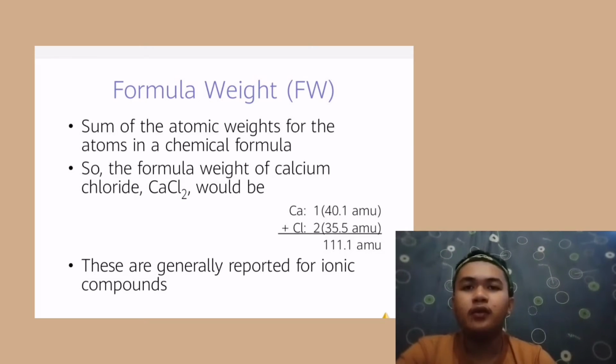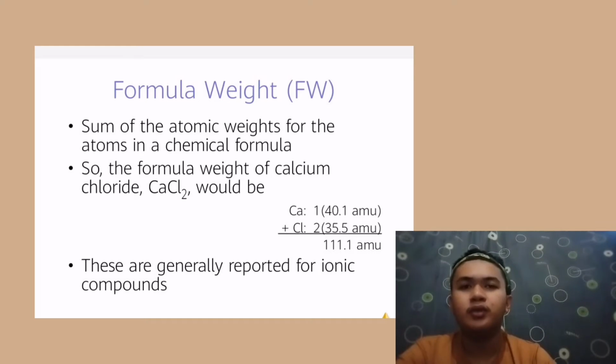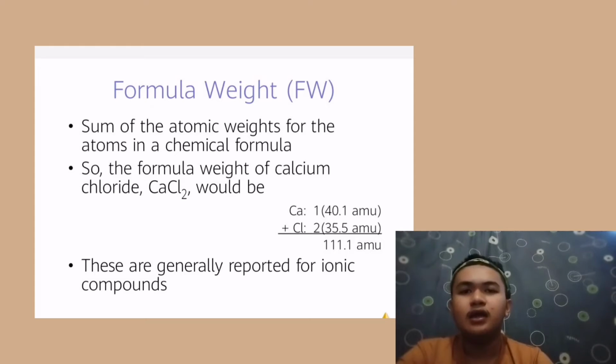So the formula weight of calcium chloride would be Ca 40.1 atomic mass units plus Cl2 71.0 atomic mass units, which is 111.1 atomic mass units. These are generally reported for ionic compounds.